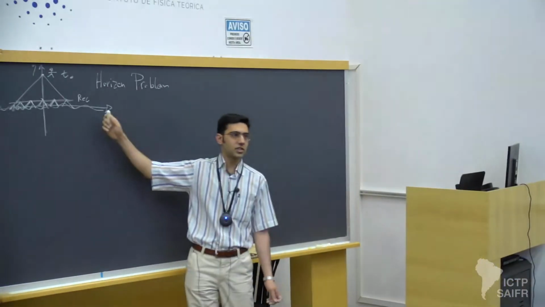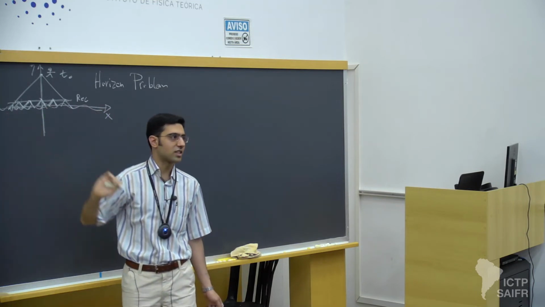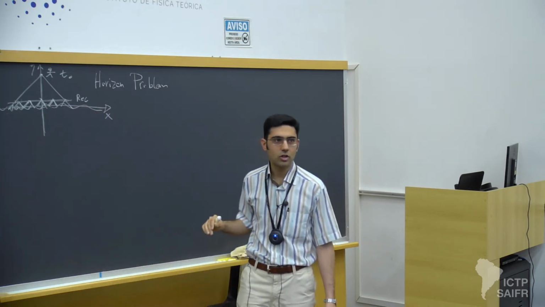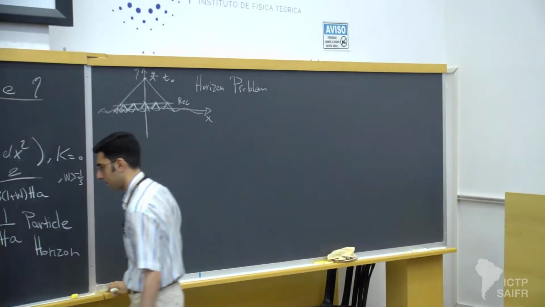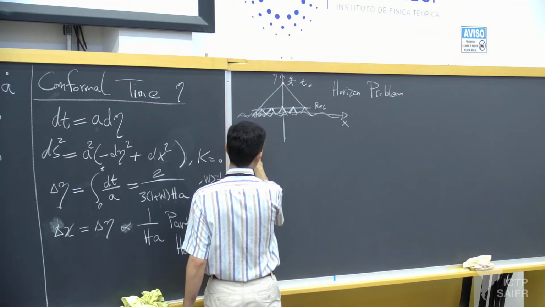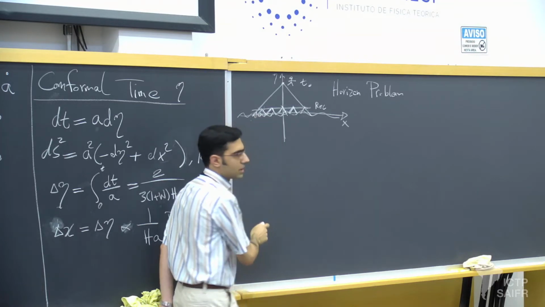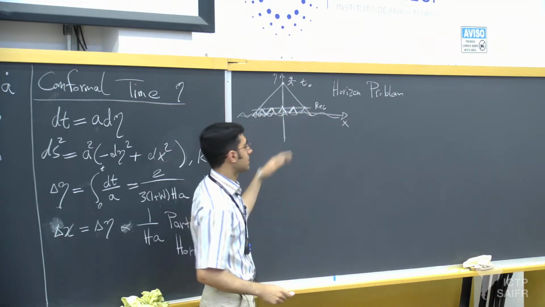The way inflation solves this problem for us is that it removes the initial singularity, or the hot Big Bang singularity, and introduces a new phase in the past of this hot phase.